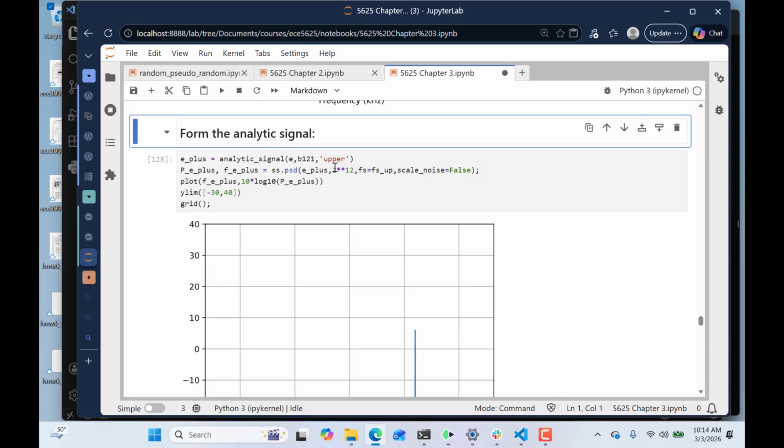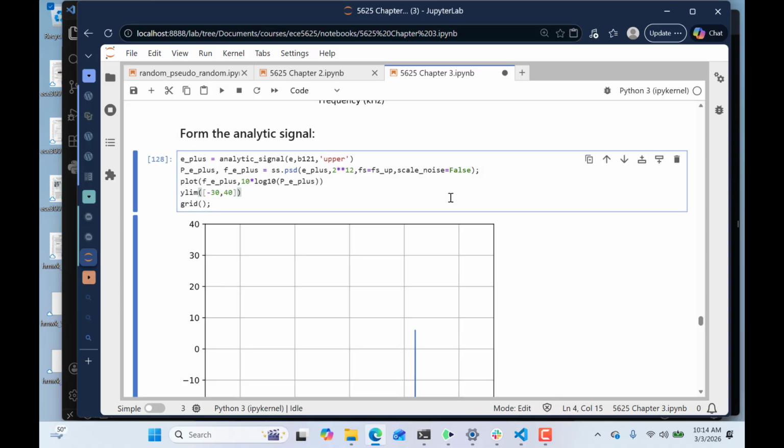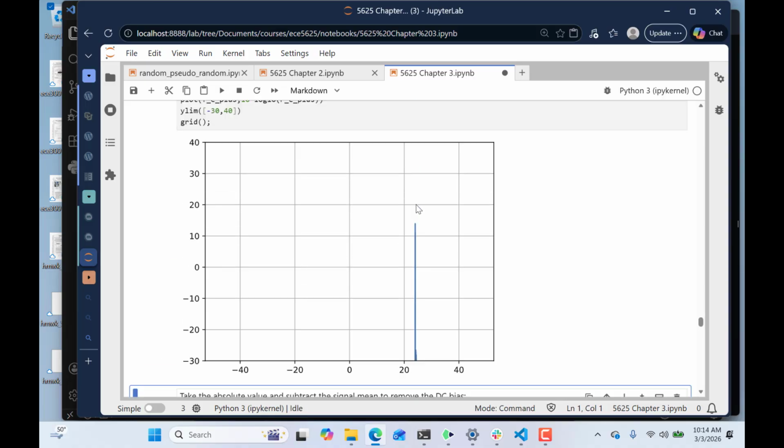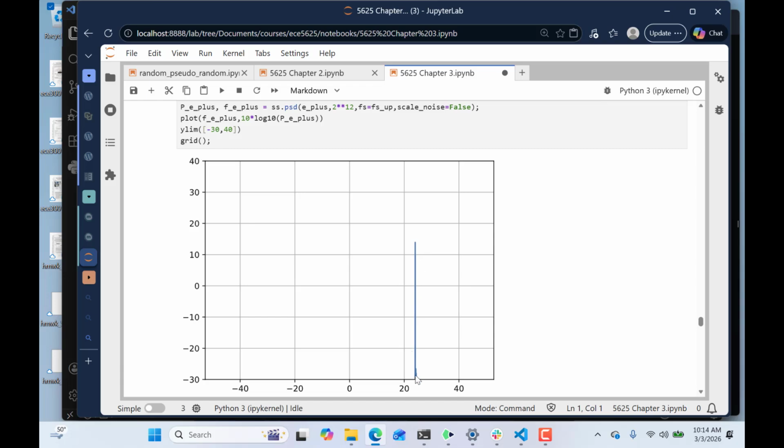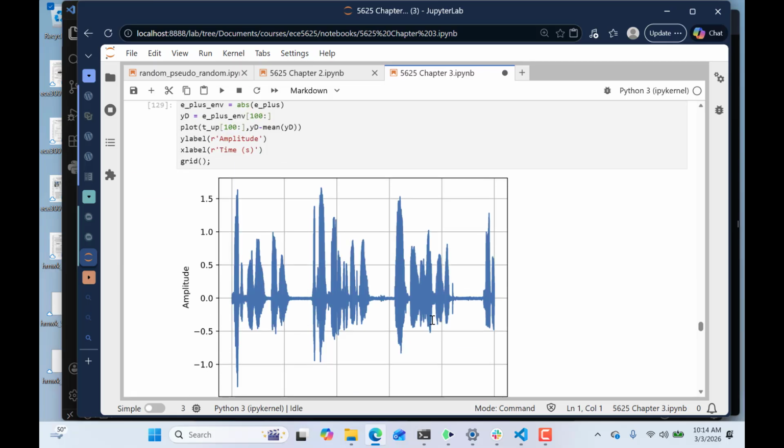And now I'm going to form an analytic signal in the receiver on that signal. Again, strong carrier, and my information is down here. This is not an inefficiency issue because this is being done at the receiver. I'm just doing something to make it easier for me to demodulate it. I'm not wasting power at the transmitter.